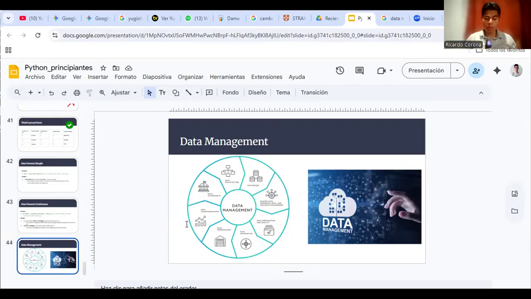For that, it's so important to focus on what is the best control that the data needs to get value from the information.